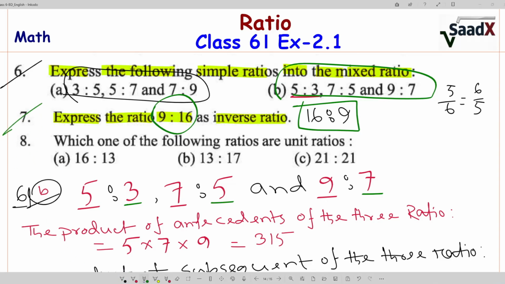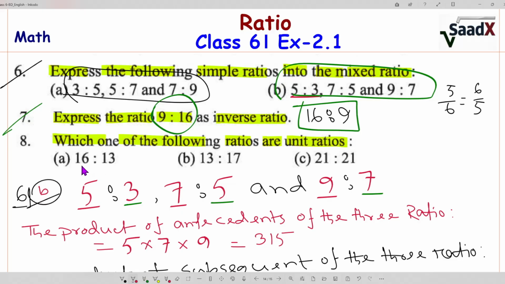And this video's last question we can write here: which one of the following ratios are unit ratios. First we have to understand which ratio is a unit ratio. That ratio we call a unit ratio whose antecedent and subsequent are similar.